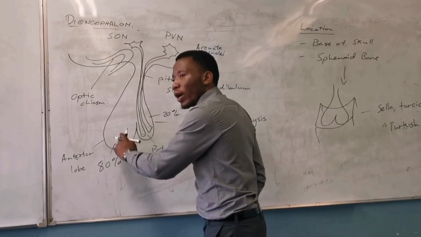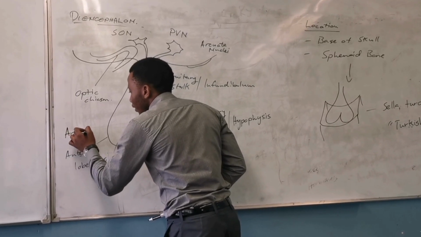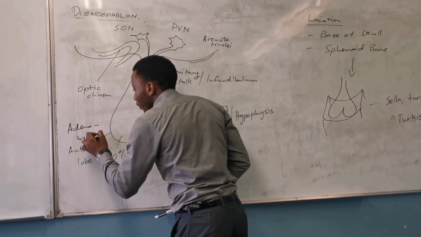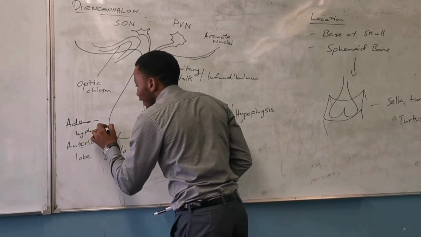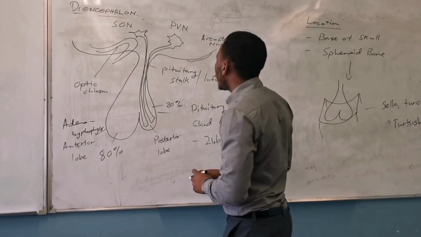But for the adenohypophysis, we call it adeno because it's a gland, okay? Adeno for gland, hypophysis for pituitary gland. It's going to synthesize and secrete what are called stimulating hormones.